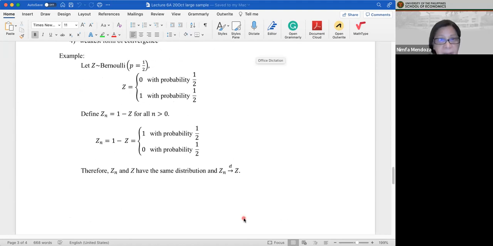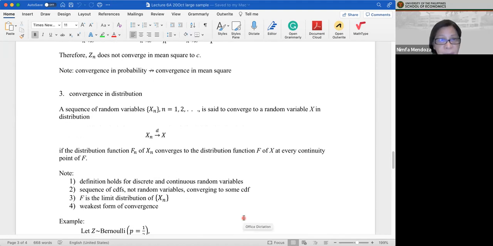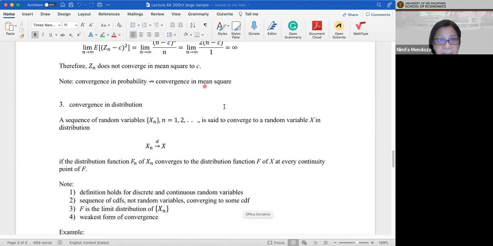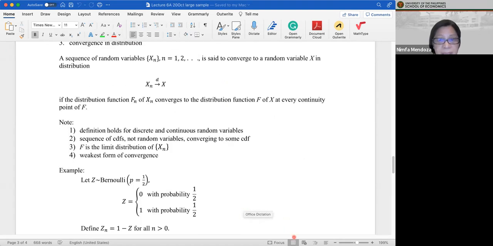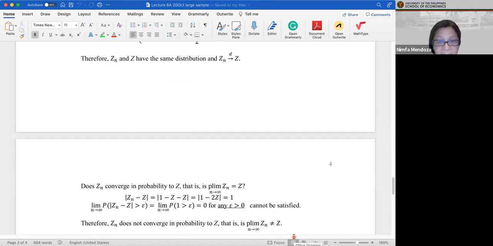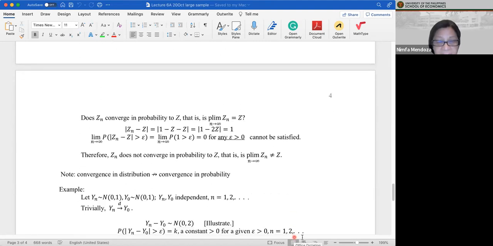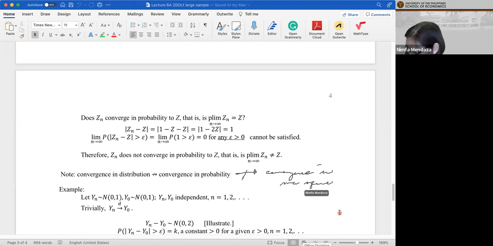But we have the previous result that convergence in probability does not imply convergence in mean square, from our previous example.